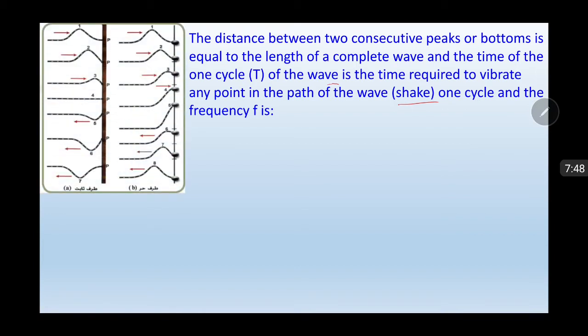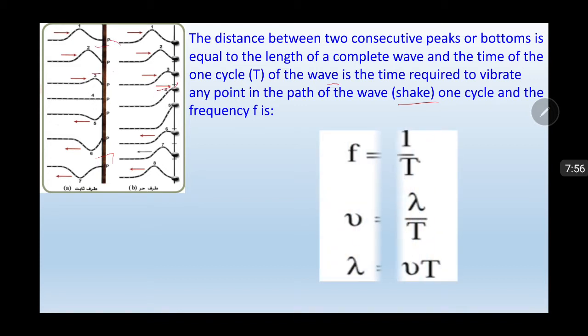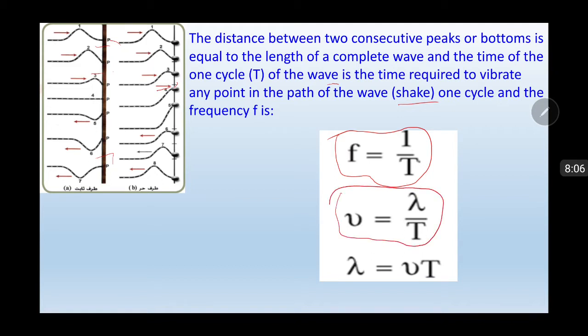Frequency is, look at this. These are different kinds of frequencies. If you remember these equations, frequency equals 1 over period, and if you remember from 8th grade, wave speed equals wavelength over time.